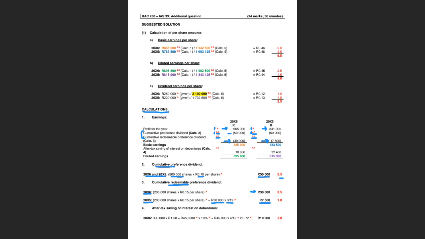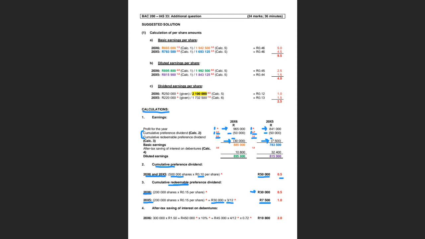Therefore, we must take it away. We must say, you don't have a right to this, we're taking it away. That's why we minus, and that's what the brackets are for. We're minusing these two amounts.